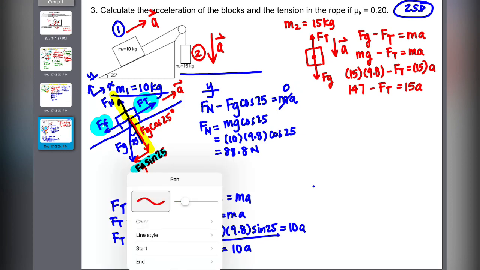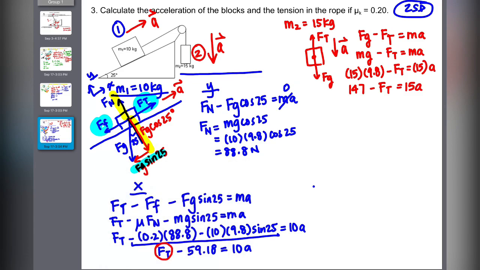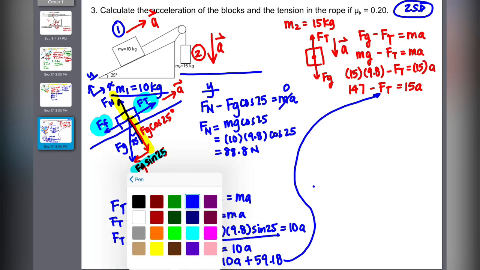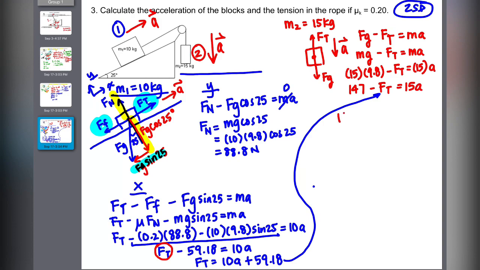I thought an easy way is to get this Ft on its own and then sub it into the other one. So I'm going to bring my 59 over. So it becomes Ft equals 10A adding 59.18. And then I'm going to do substitution and put it into this Ft.